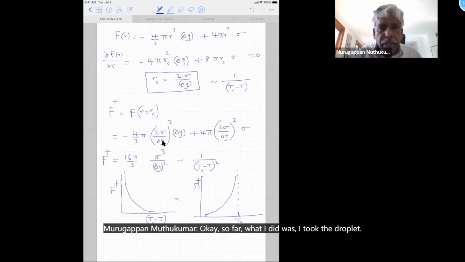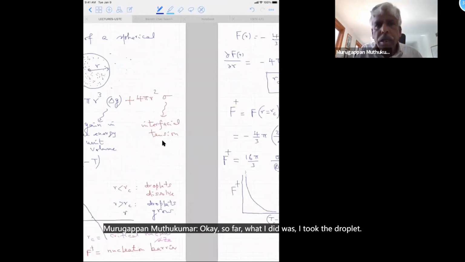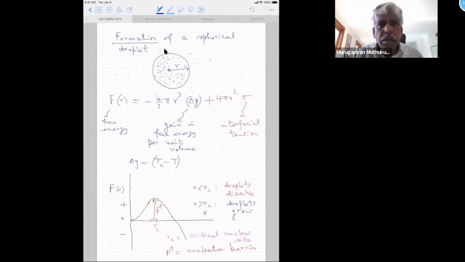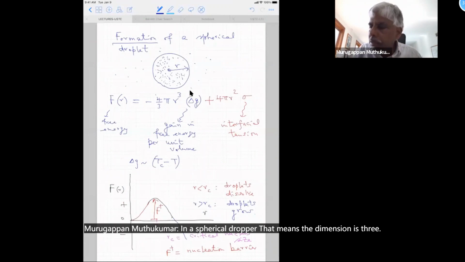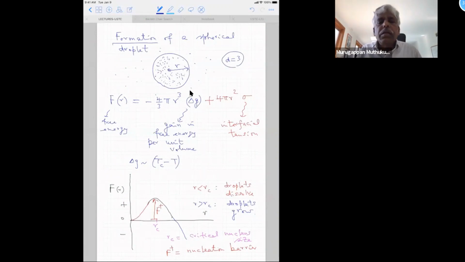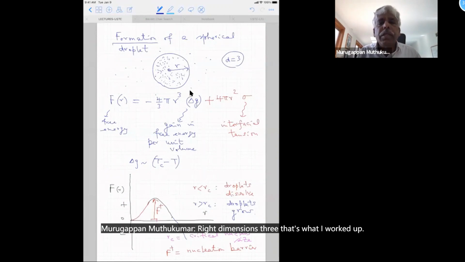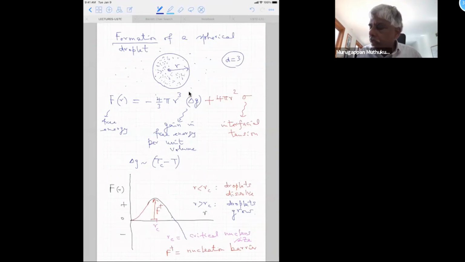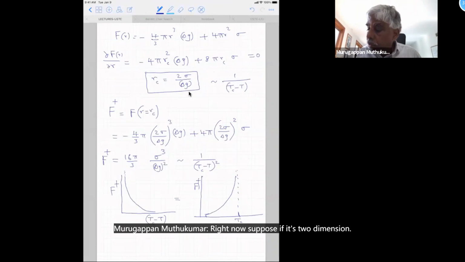So far what I did was I took a droplet, a spherical droplet. That means the dimension is 3. Now, suppose it's 2-dimensional, suppose d is equal to 2.